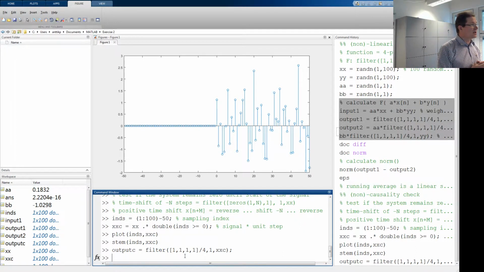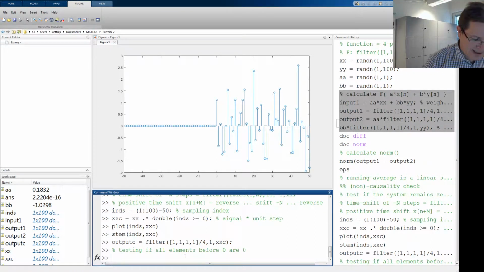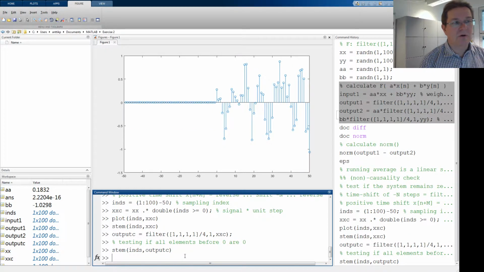One way of checking it is, well, this is the easiest way. And of course it's, you know, zeros. The first non-zero value is at 1.